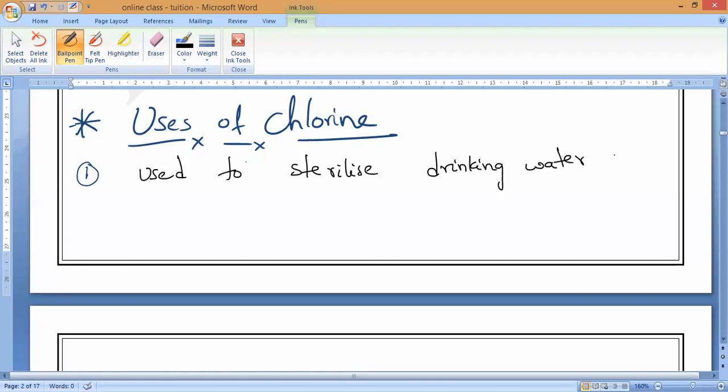What do you mean by sterilize? Making inactive of germs or any kind of microorganisms present inside the water. Sterilize means making microorganisms inactive.